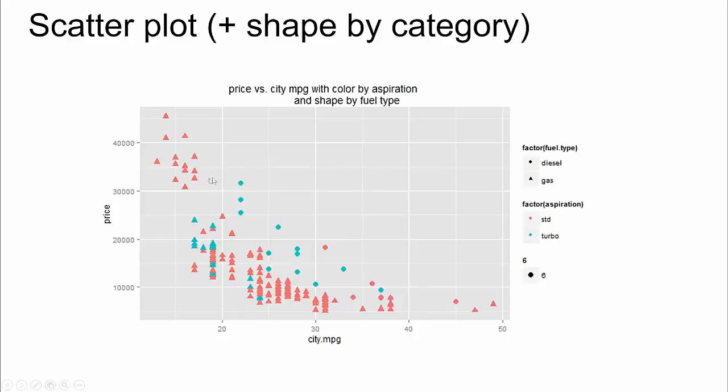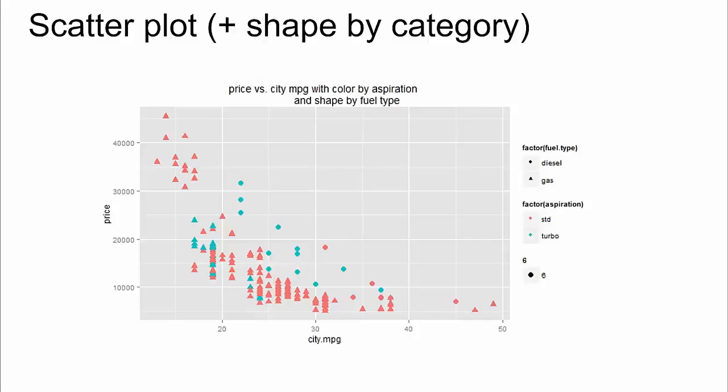Now we can start seeing, okay, we've got a lot of turbo diesels here. They tend to be more expensive for the mileage achieved, which is kind of interesting. And then the turbo gasoline engines tend to be at the high end of miles per gallon and out here in price.